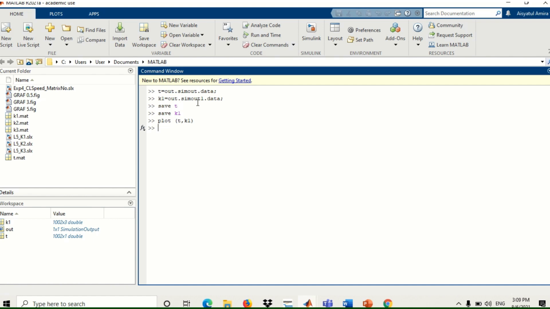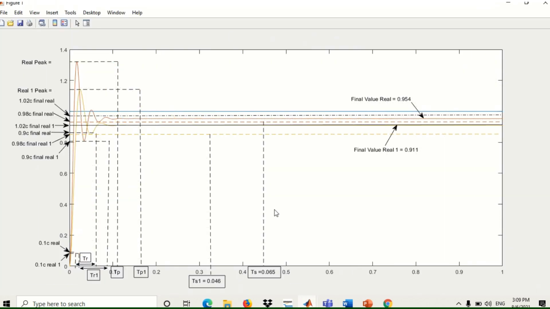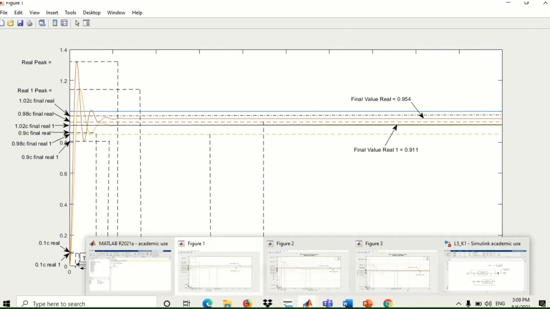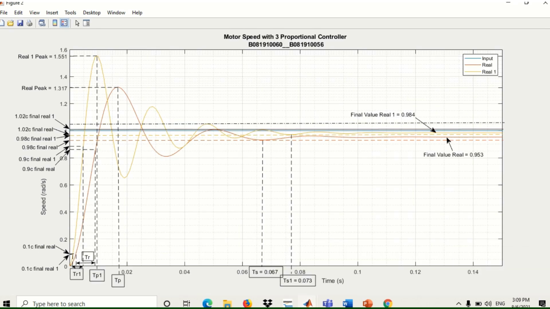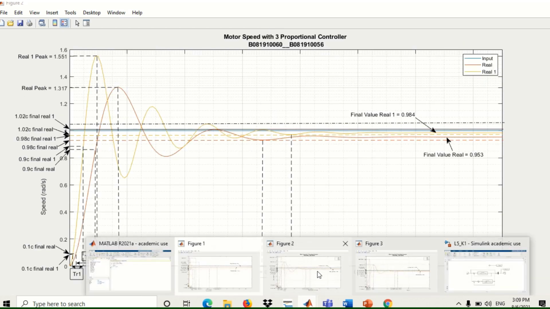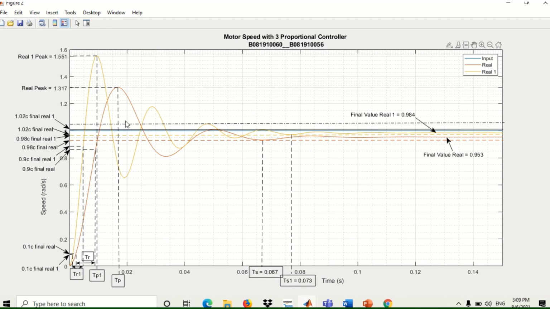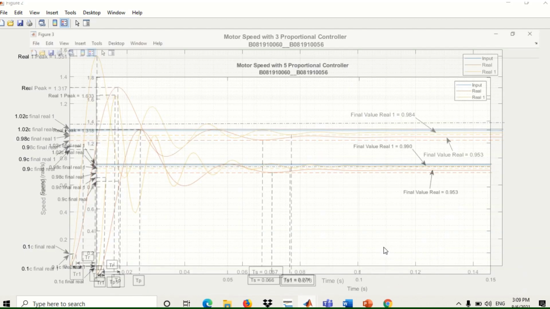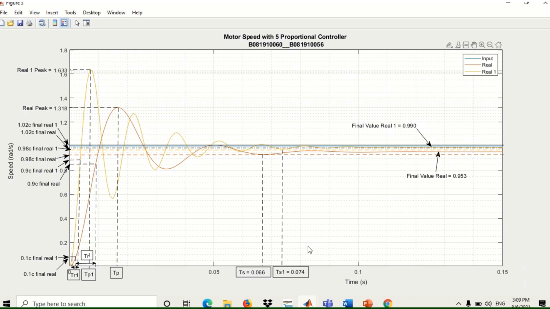Enter. And then we got the graph like this. This is the graph for 0.5, and then this is the graph for 3, and this is the graph for 5.